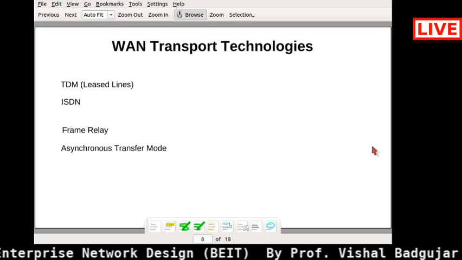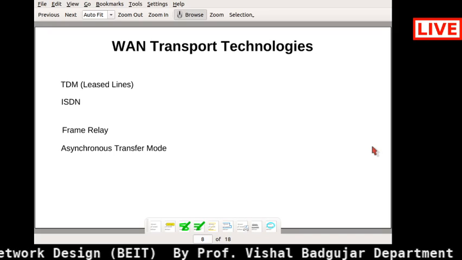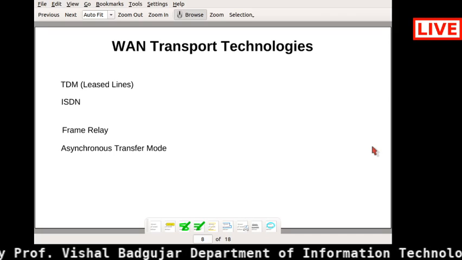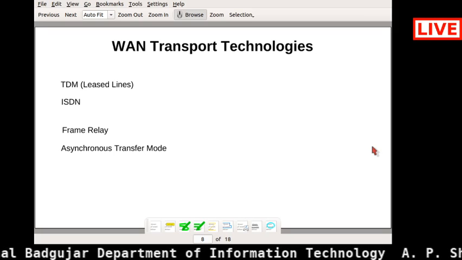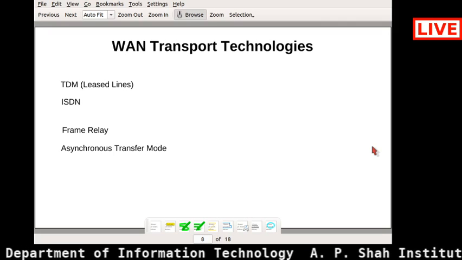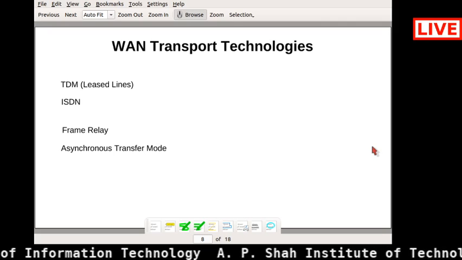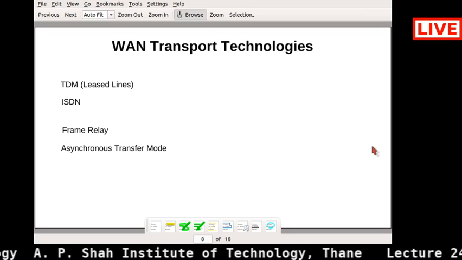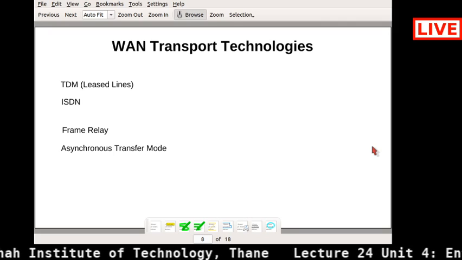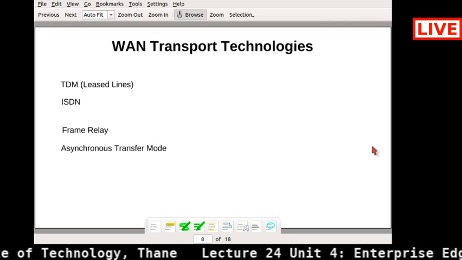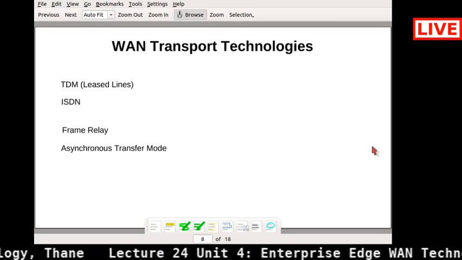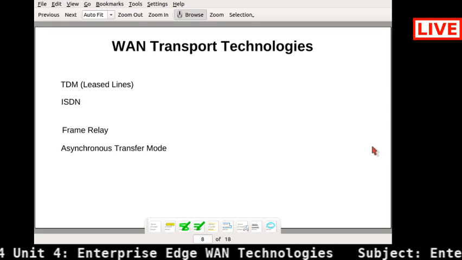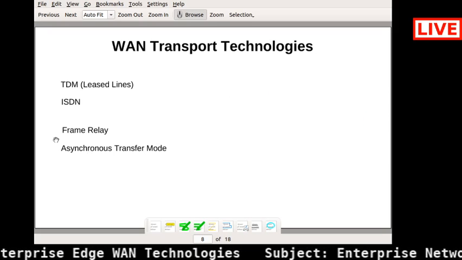ISDN is used nowadays with VPN and IPsec. Public Wi-Fi and DSL cable are not going to provide these functionalities for remote user applications, where ISDN will. Therefore, these digital phone connections are used as a communication medium. Then the next one is frame relay.